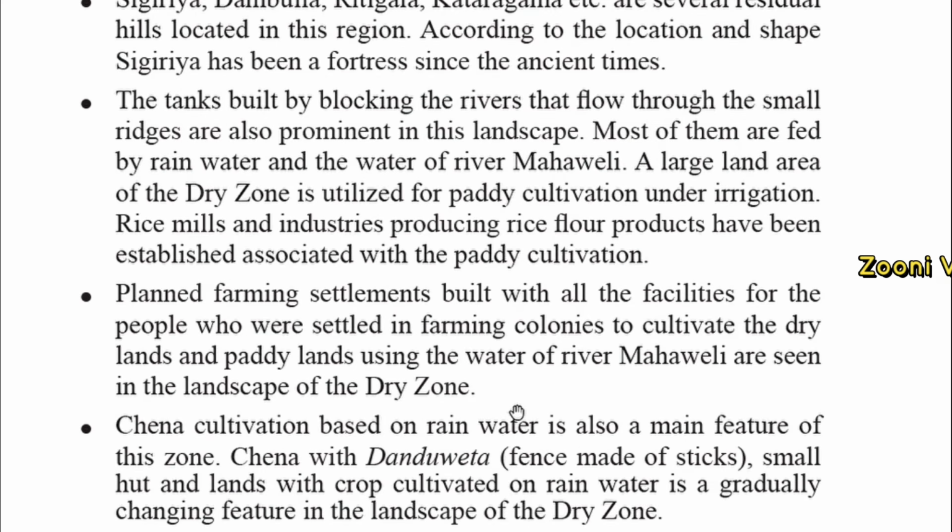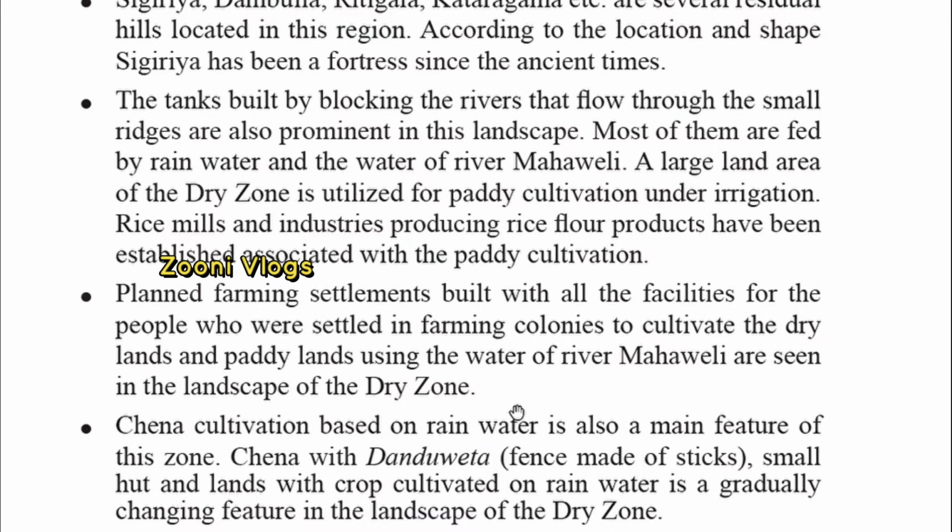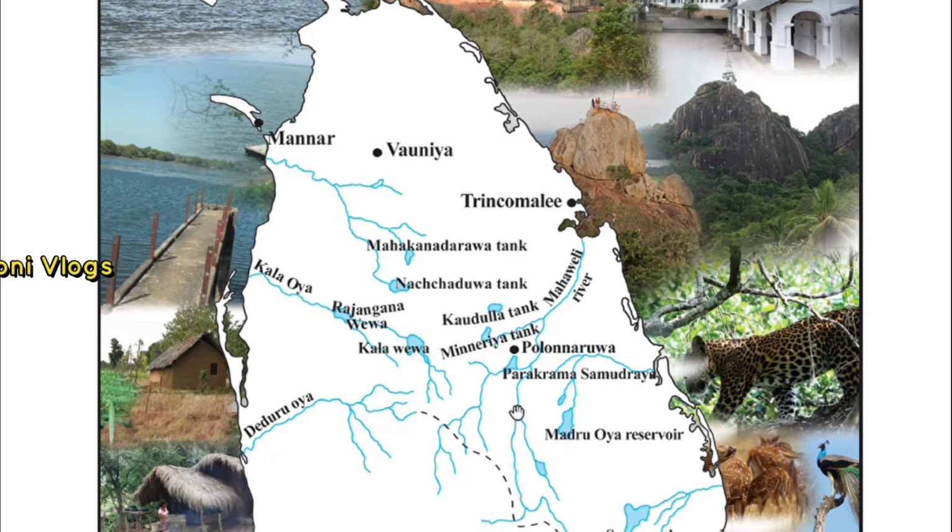And the other one, now you can see here Chena cultivation. We call it Chena, with a Danduvat, a fence made of sticks. Those are crops cultivated on rainwater. So now you are still in dry zone, and open your eyes.